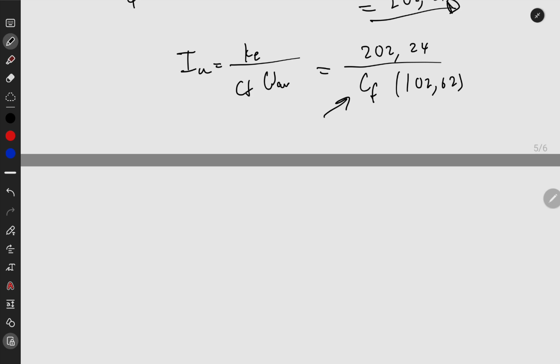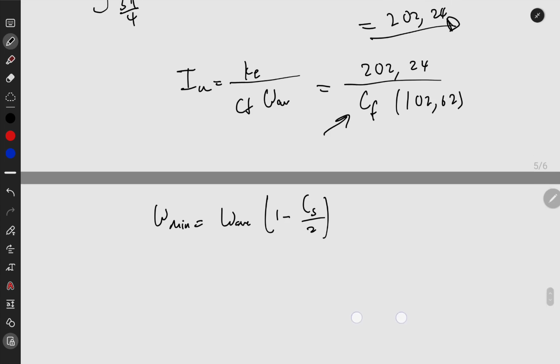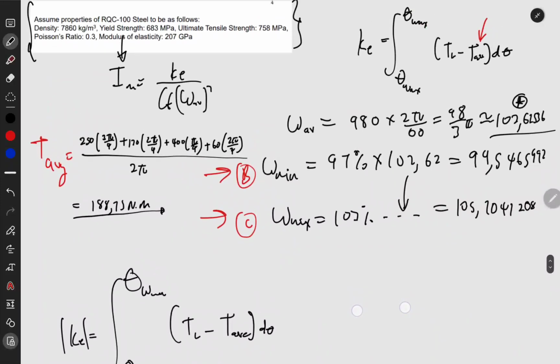So there is a formula that will get us that, obviously, and the formula goes by omega mean should equal to the omega average multiplied by 1 minus that fluctuation all over 2.